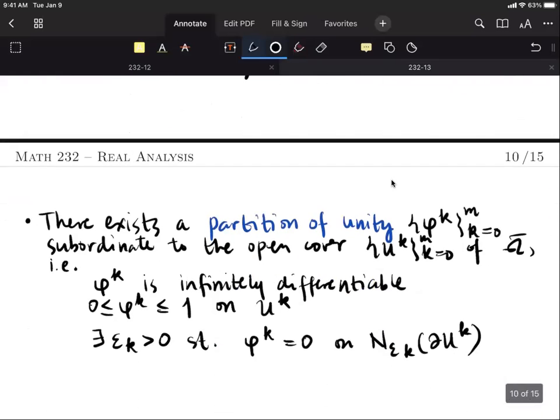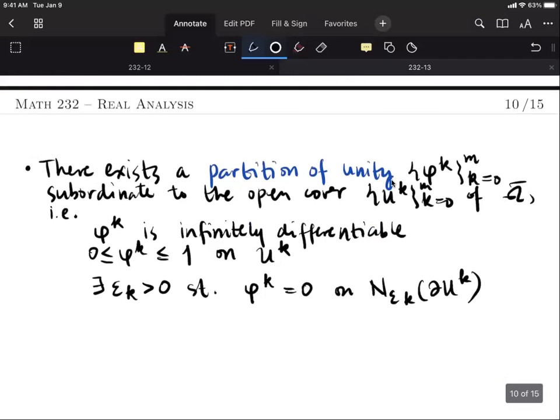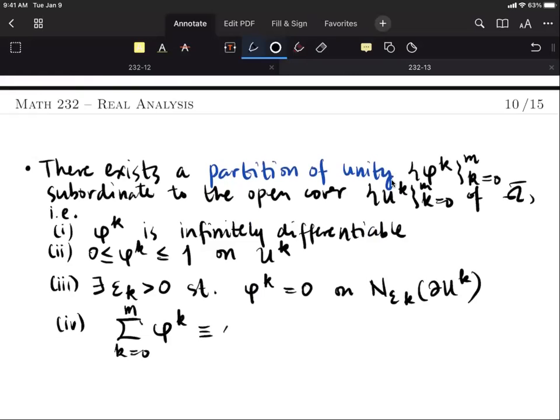Okay. So phi sub k is 0 on this neighborhood. And moreover, as the name suggests, taking the sum of these functions will be identically 1 on the closure.